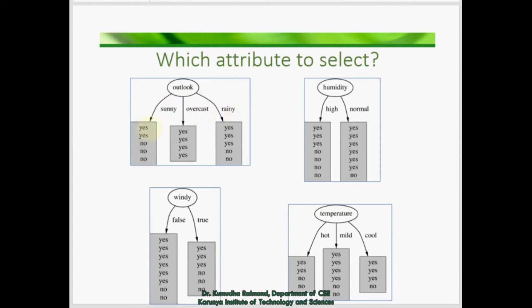These boxes with the yes and no are nothing but the related output attribute play. If outlook equal to sunny, there are 5 instances which satisfy this condition, and the corresponding output attribute play equal to yes and no: there are 2 yeses and 3 no's in these 5 instances. Similarly, if outlook equal to overcast, there are 4 instances which satisfy this condition, and all 4 instances say play equal to yes. And similarly in the case of rainy.